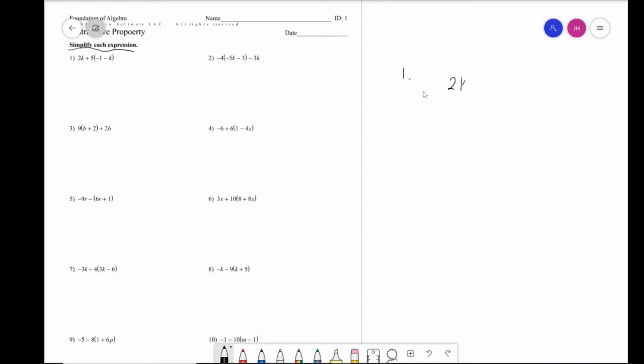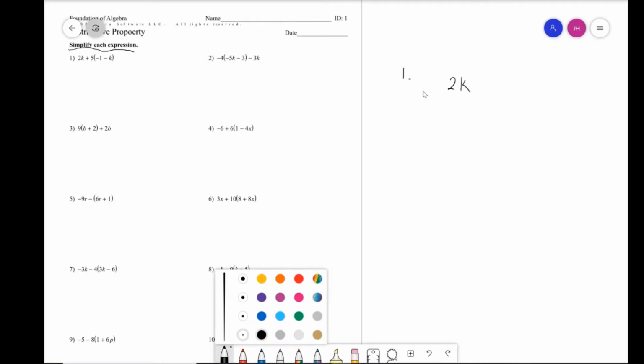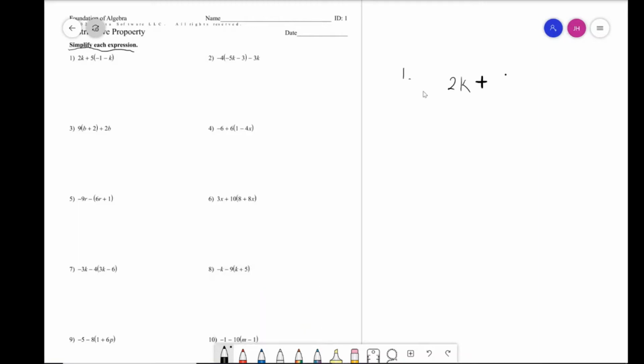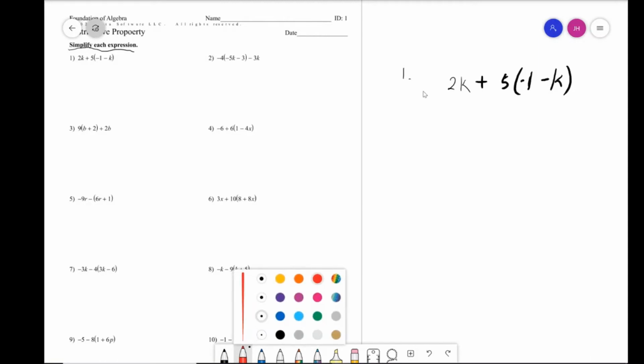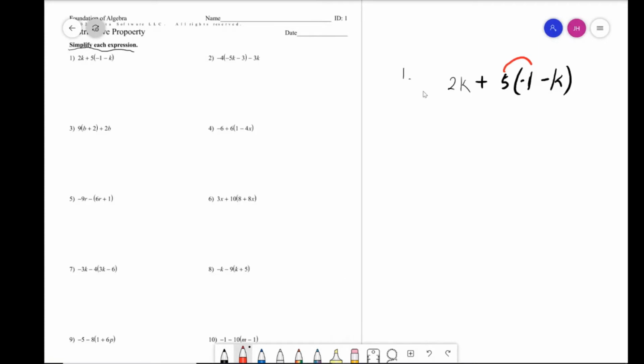I have 2k plus 5 parentheses negative 1 minus k. So now let's work on the distributions. 5 times negative 1 gets you negative 5. 5 times negative k gets you negative 5k.